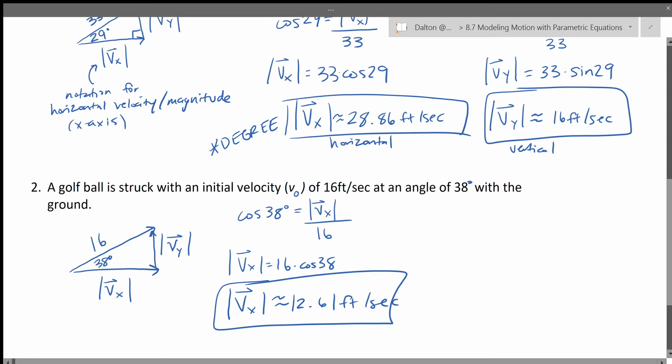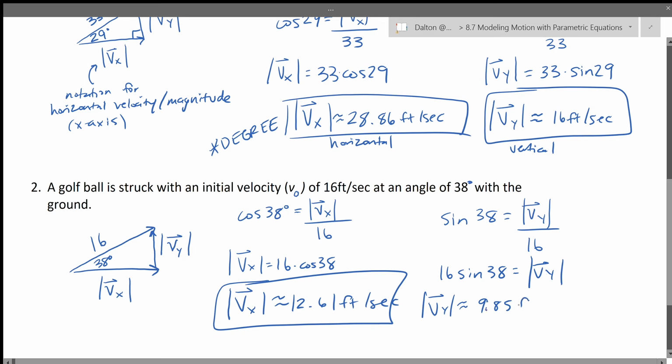So there's the initial horizontal velocity. We can do the same thing with vertical. We just need to change our trig function to sine. So the sine of 38 degrees will be the vertical velocity over 16. Multiply both sides by 16 times the sine of 38. We get our vertical velocity, v sub y, which will be approximately 9.85 feet per second.